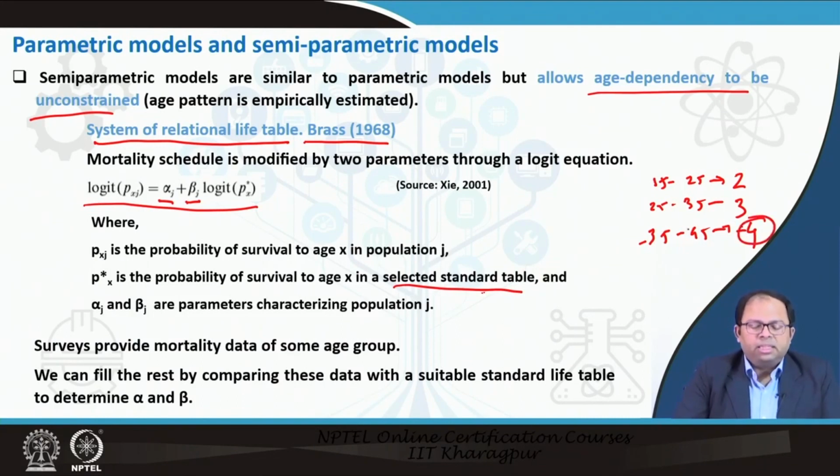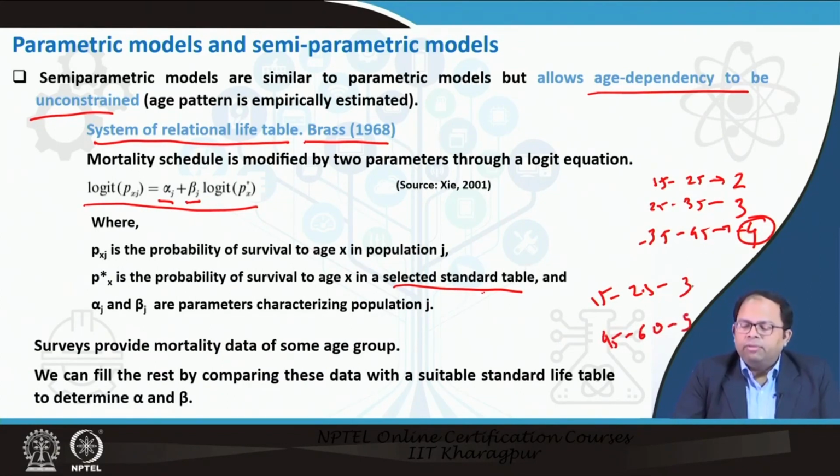Now, what it means is, if we survey a particular population, we cannot survey the entire population, maybe we have got the mortality values of 2 age groups, like maybe 15 to 25 we can get from survey values. We find it is around 3, or we can also have around 45 to 60 another value, which is maybe around 5.